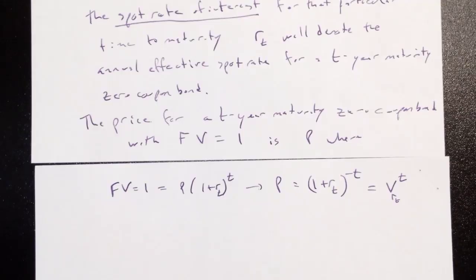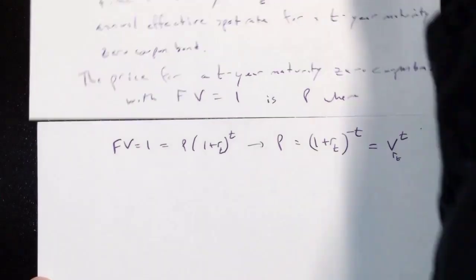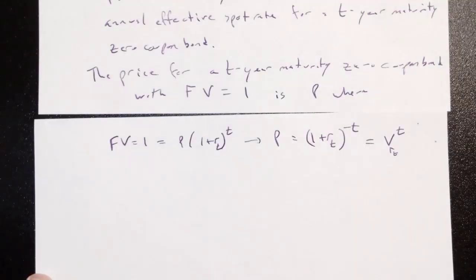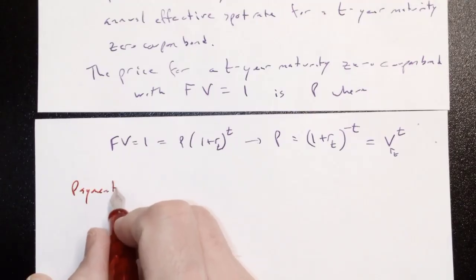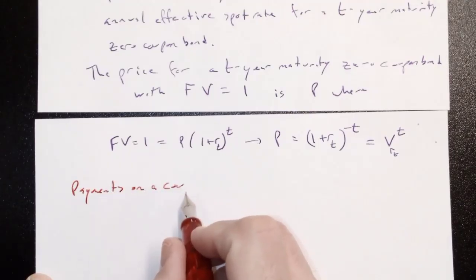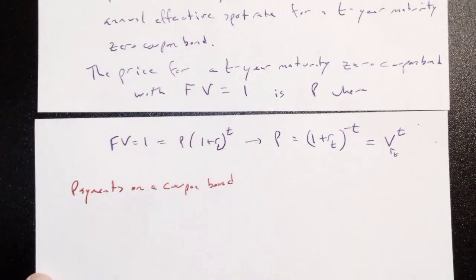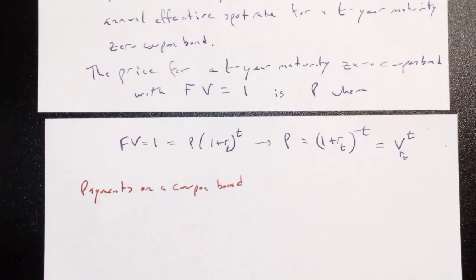I want to take this idea and think about what it means for a series of payments, for cash flows, for multiple payments, even if I was dealing with coupons. If I have a coupon bond, I get all the coupons and the redemption payment.